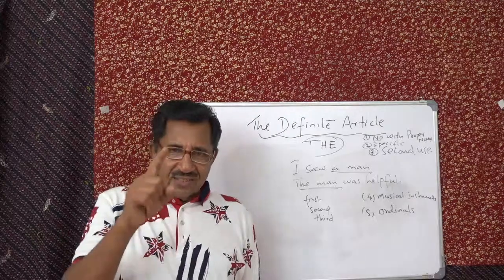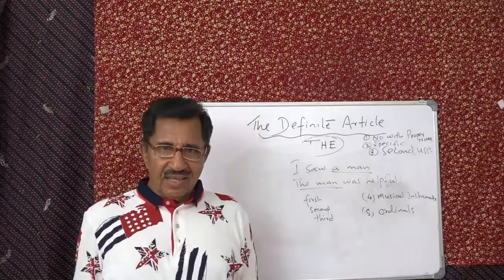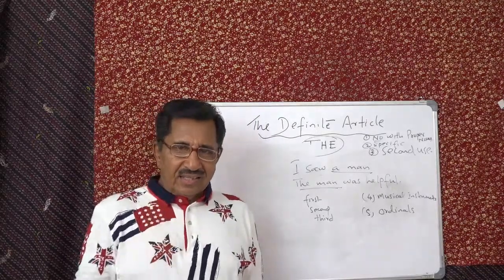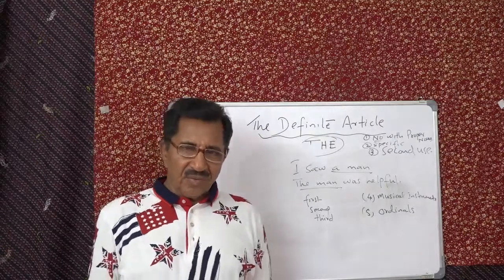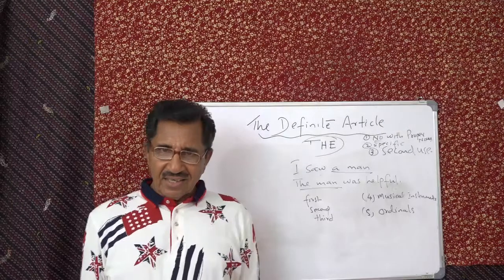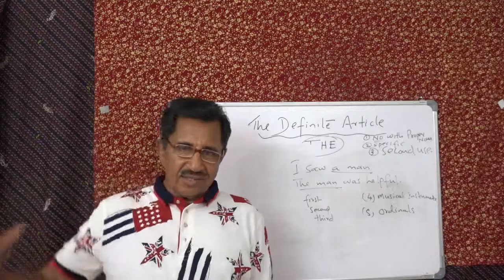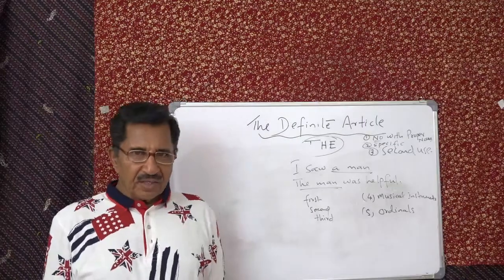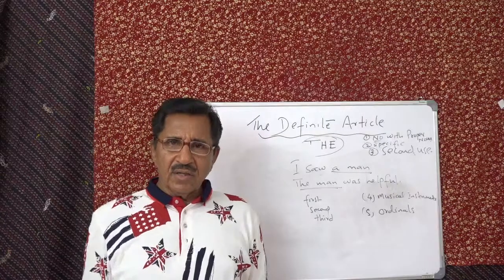See, the first boy was very nice. The first boy, the first, the second, the third, the fourth, the fifth, like that. These are ordinals. Listen, the first thing I did. Don't say first thing I did.